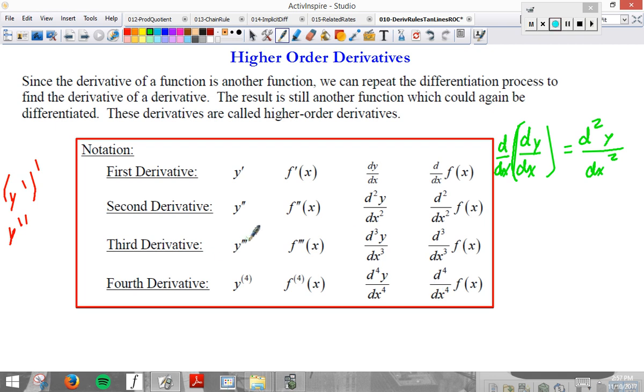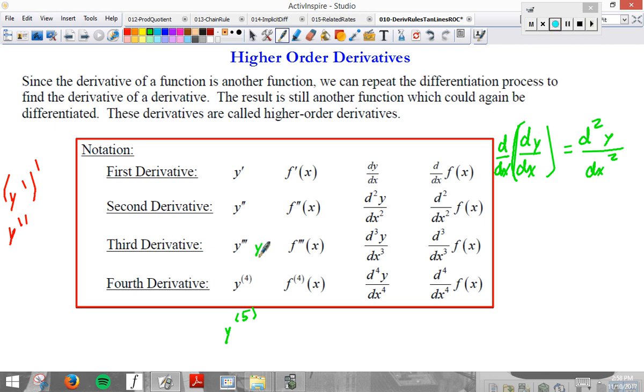Third derivative, 1, 2, 3 tick marks, 1, 2, 3 primes. Fourth derivative, and here we start putting the number of tick marks in parentheses rather than just writing out 4 tick marks. So y with the fifth power in parentheses would mean the fifth derivative.